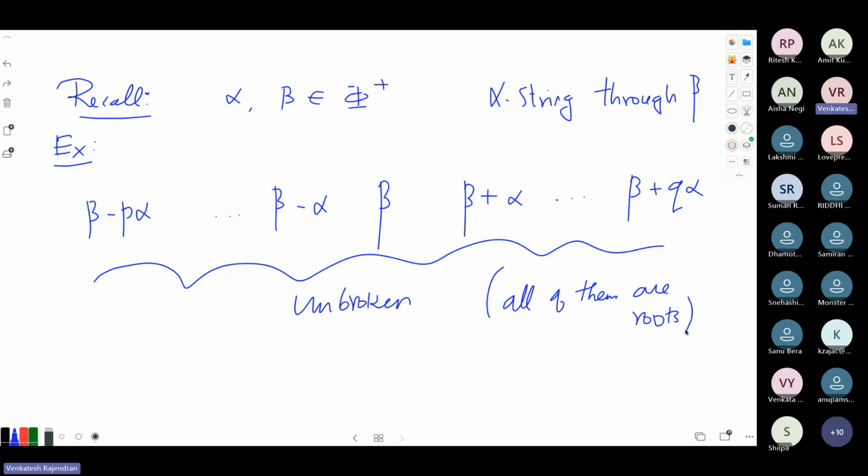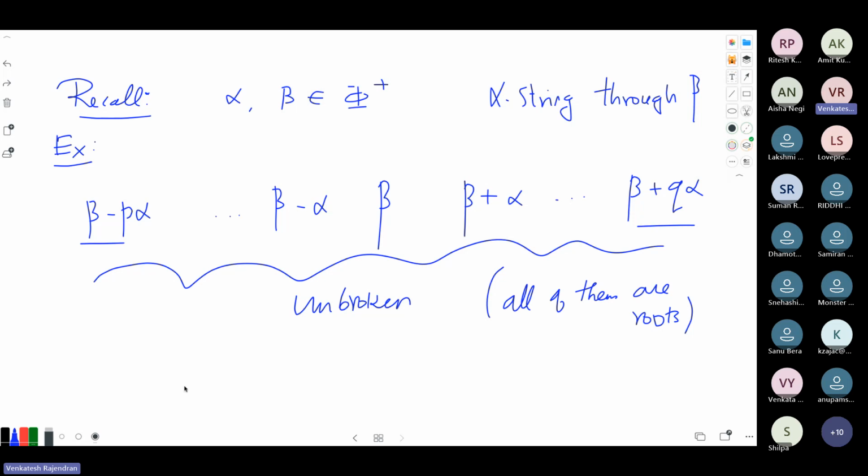So if you consider this alpha string through beta, beta, beta plus alpha, wherever it stops on the right side, and wherever it stops on the left side, this interval minus p to q is unbroken.